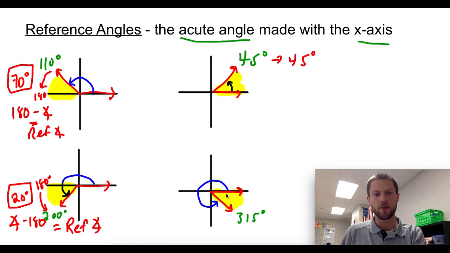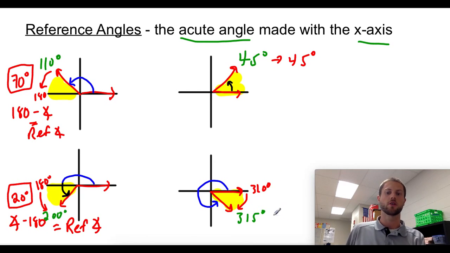And finally, for the fourth quadrant, if I'm interested in this acute angle, let's think about where the x-axis is. That's a 360-degree angle if I were to go all the way around. I want to figure out how much further back I need to go to get to this 315 degrees.